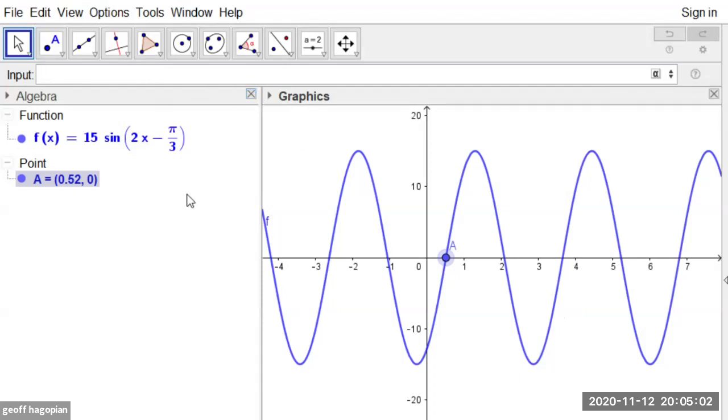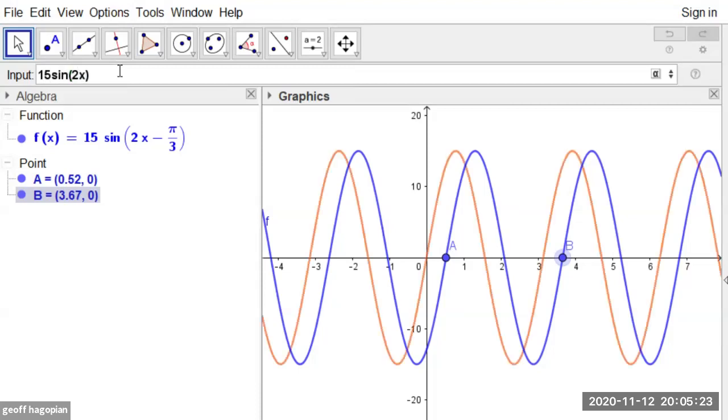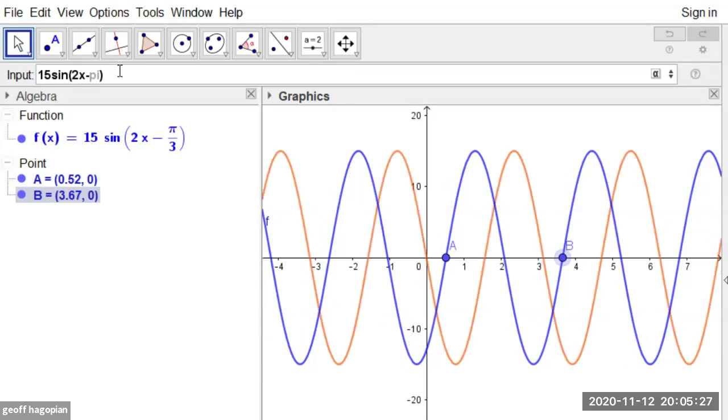One complete waveform will be from there to pi over 6 plus pi. Yeah, that's one complete waveform. And then let's plot the other one, which is 15 sine of 2x minus pi over 6.